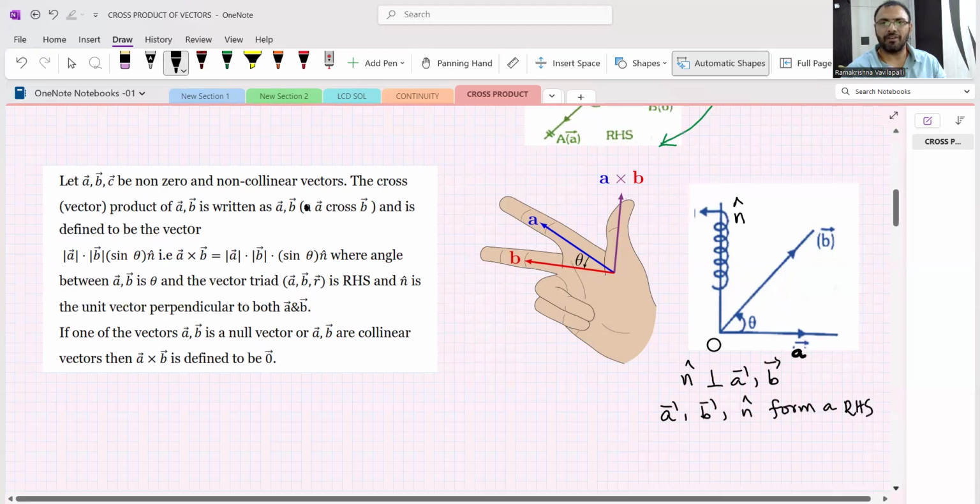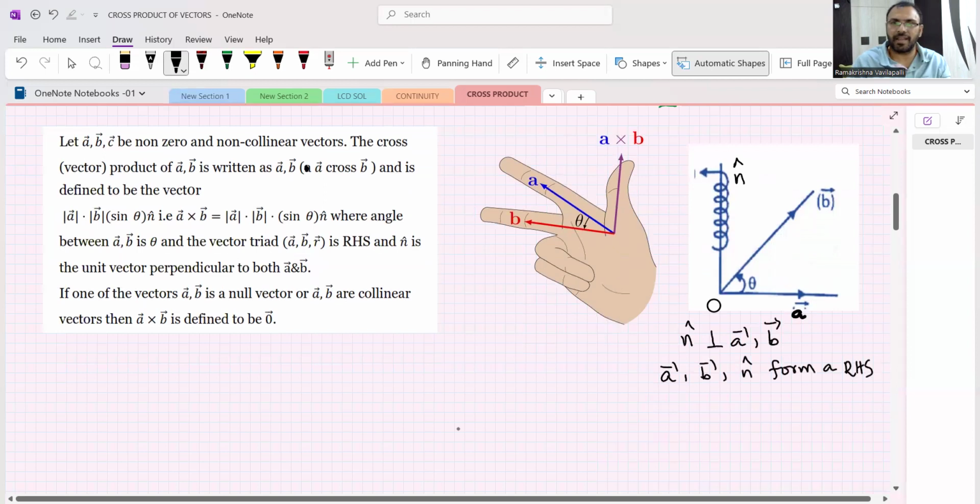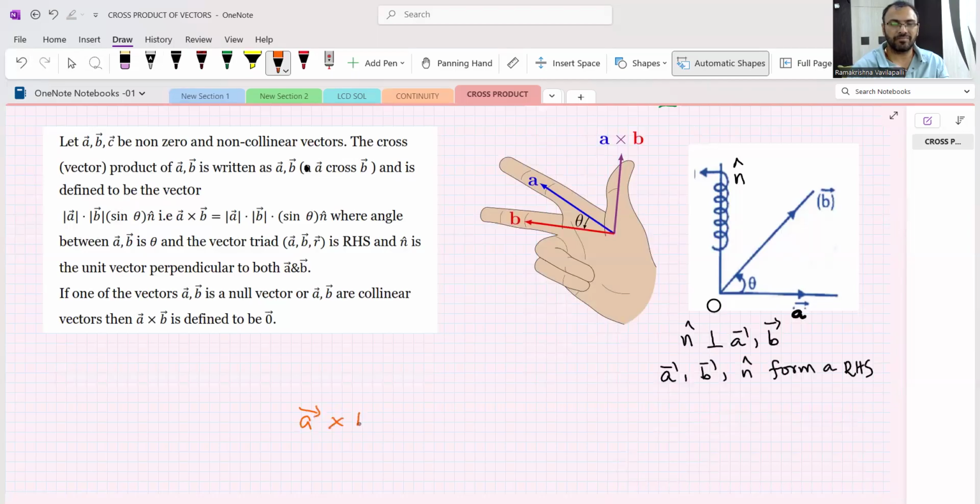Now we define the cross product of two vectors: A bar cross B bar is equal to modulus of A bar into modulus of B bar into sin theta into n cap. This is important.